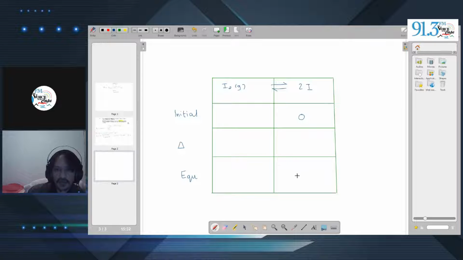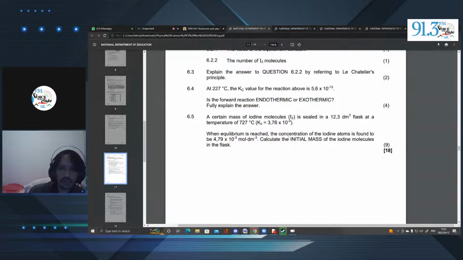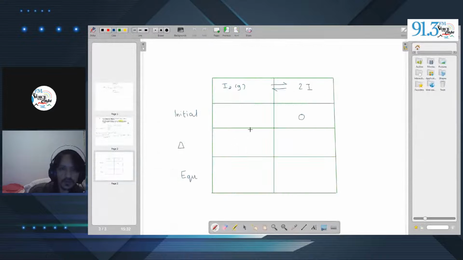Right? At equilibrium, we discovered that our concentration of iodine was 4.79 times 10 to the minus 3. Now, be very careful here, because when we're working with this table, our values must be in moles, right?